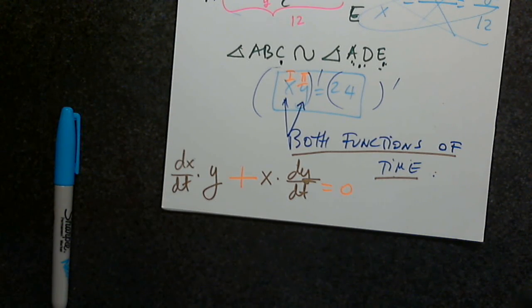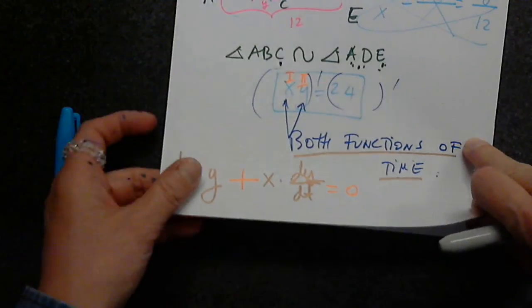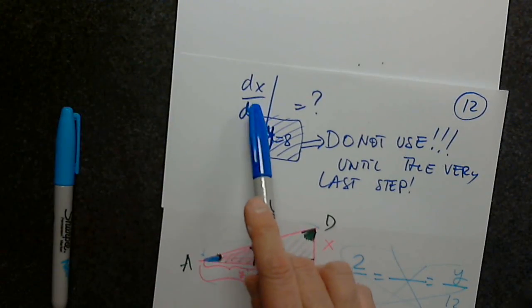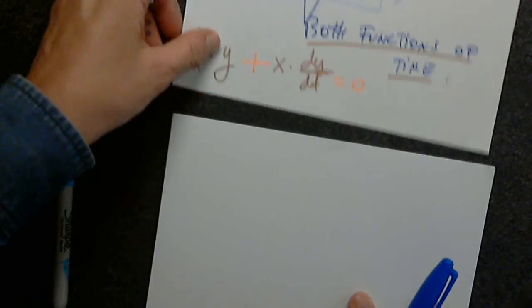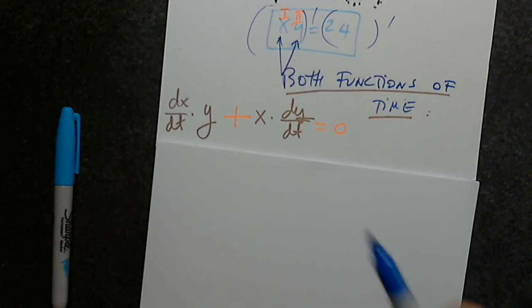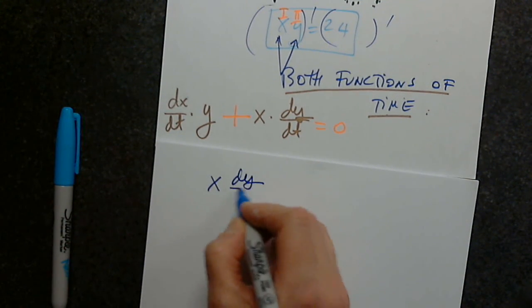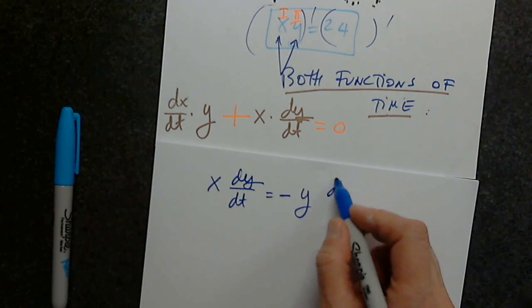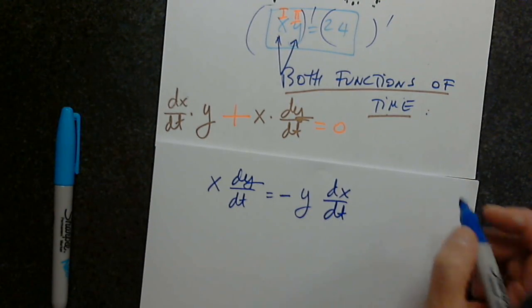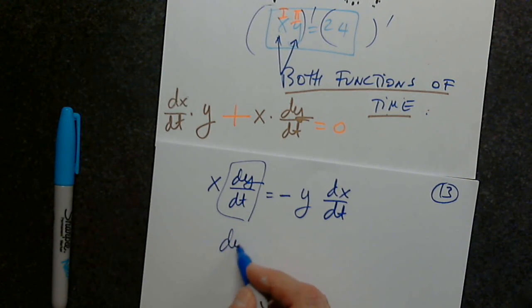So what am I after? Good. I'm only going to solve for dy over dt, moving this to the other side. x dy over dt equals the opposite of y dx over dt. And then I'm solving for dy over dt. I'm happy now.